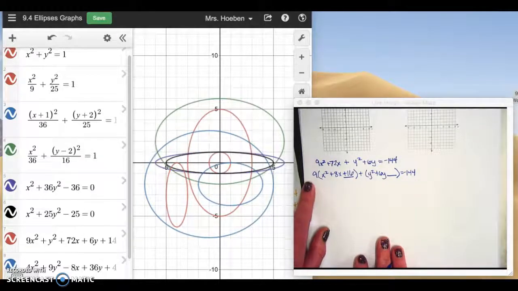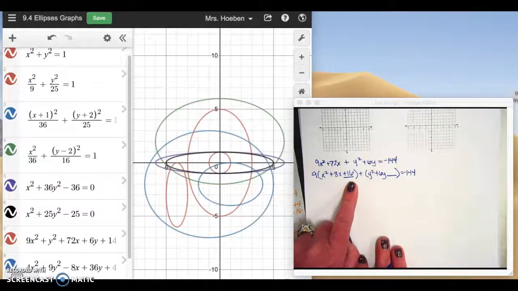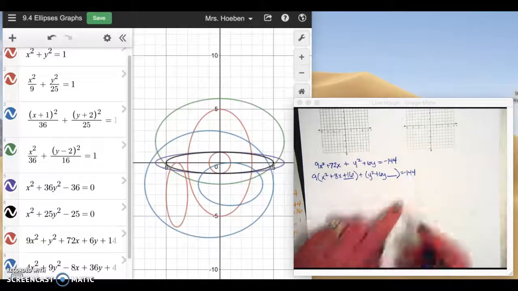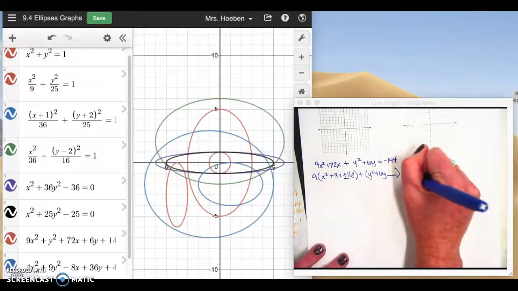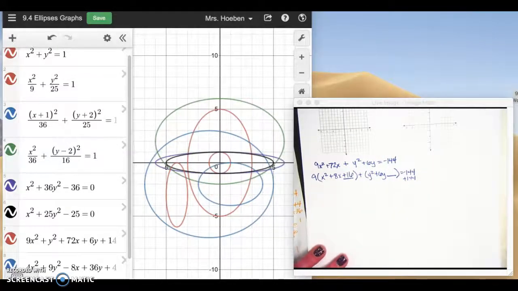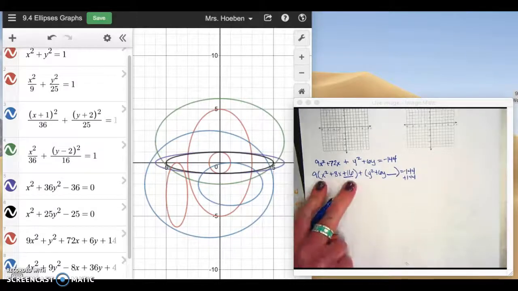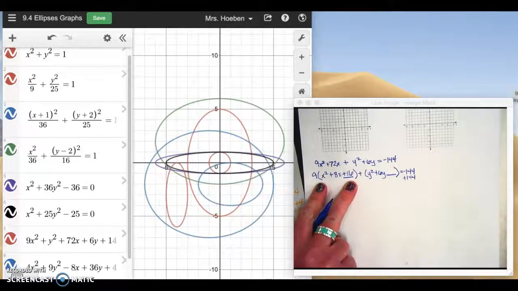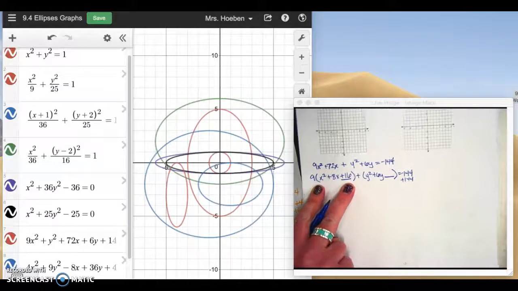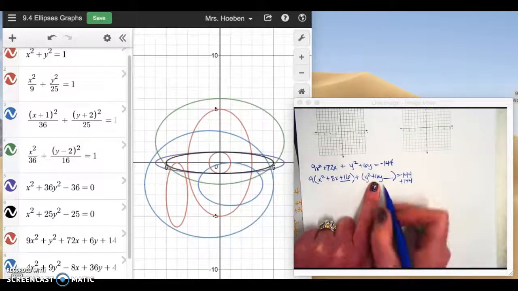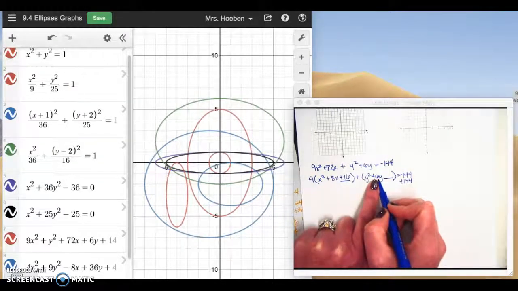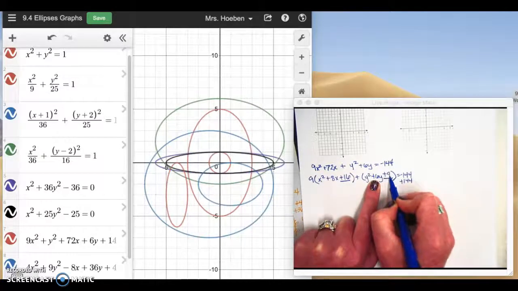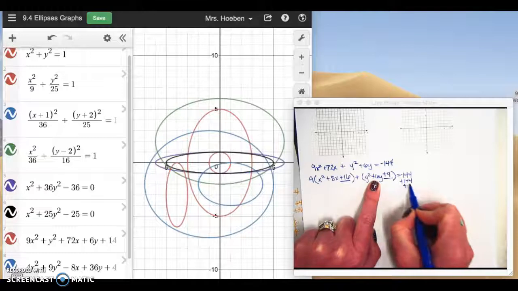Because I pulled that 9 out, I have to multiply 9 times 16, which just so happens to be 144. So I have to add 144 to this side, because I just added 144 to this side. Okay, now let's complete this square. Half of 6 is 3, squared is 9. So I'm adding 9 here, which is adding 9 here.